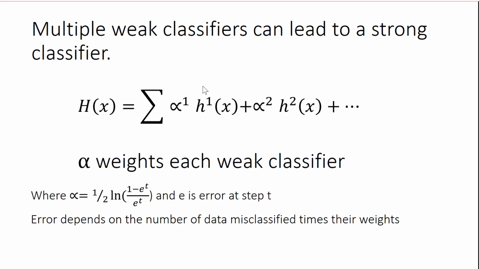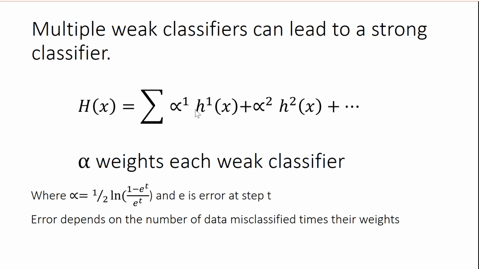So here's some of the mathematics. We're going to develop a classifier that has weak classifiers, H1, H2, H3, etc. Each one of those is going to be weighted by alpha. We're going to choose the alpha weight of each classifier depending on the error that it produces.